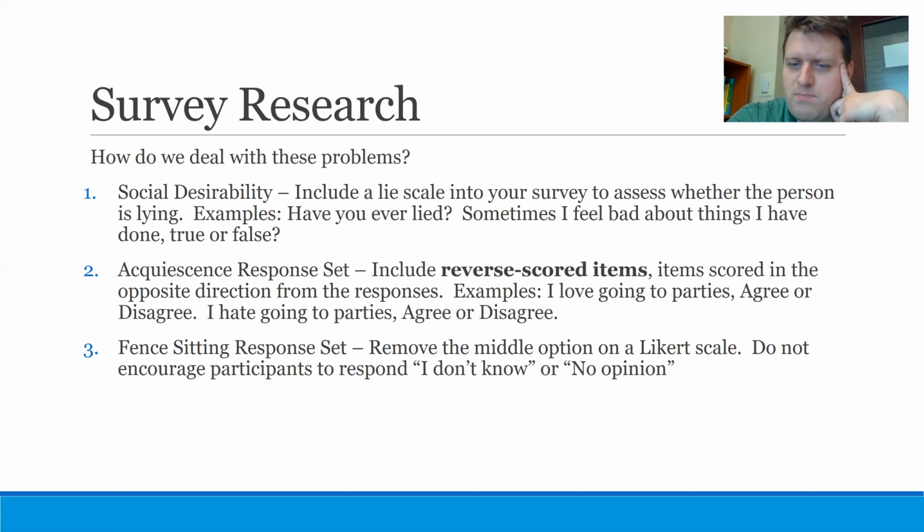We might remove the middle option from a Likert type scale. So instead of having a 7-point scale, we have a 6-point scale. And that way someone has to make a decision if they're more towards the lower end of the distribution or the higher end of the distribution. They either slightly disagree or slightly agree with the statement. They can't take the middle road out.